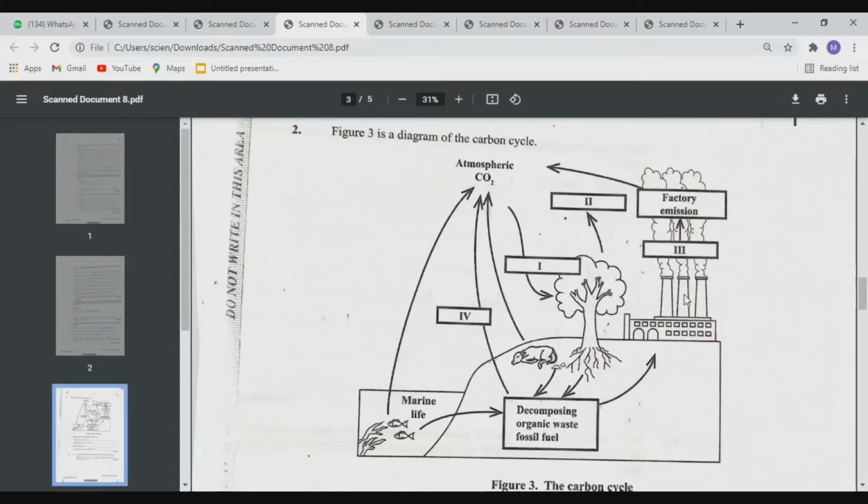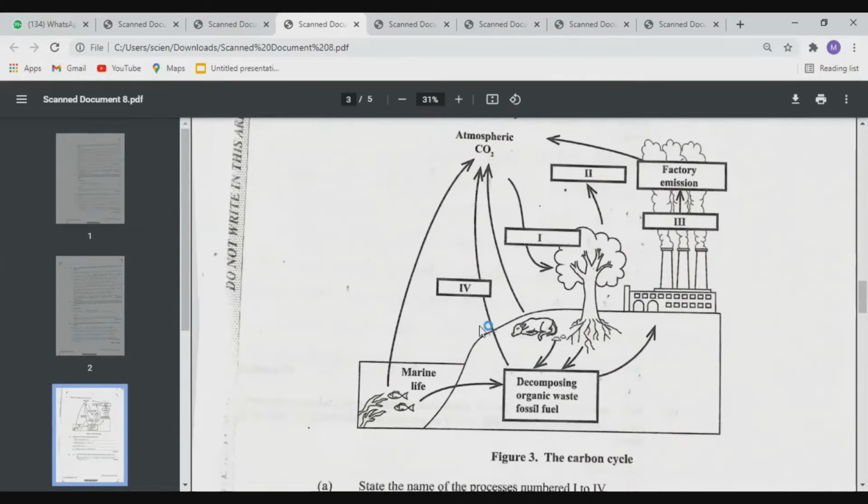The third one right here is definitely combustion coming from factories. And for number 4, it's coming from the animal and going back to the atmosphere. So that's respiration also, but it's animal respiration.